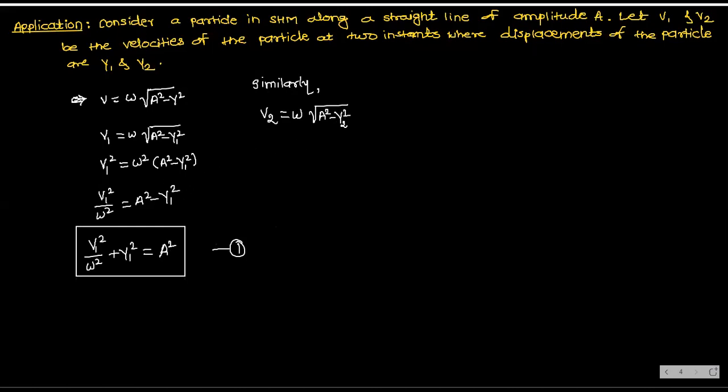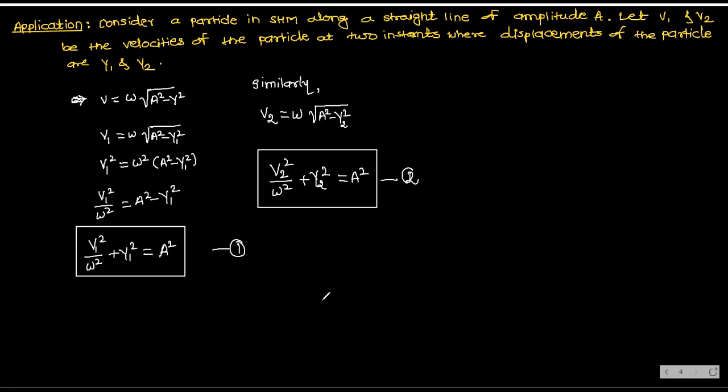And again, squaring on both sides, directly I am writing v2 square by omega square plus y2 square is equal to a square. Clear? Directly I wrote. Same steps you have to follow. And let us assume that this is your equation number 2.